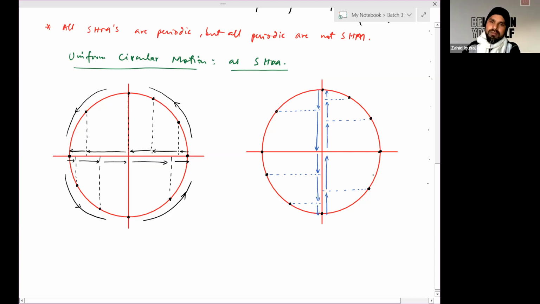So if you calculate or define projection of these particles at different positions along y-axis, it is defining movement along y-axis up and down, up and down, up and down about origin.